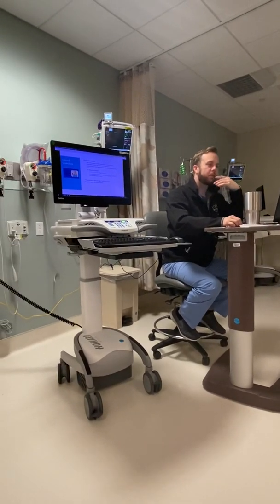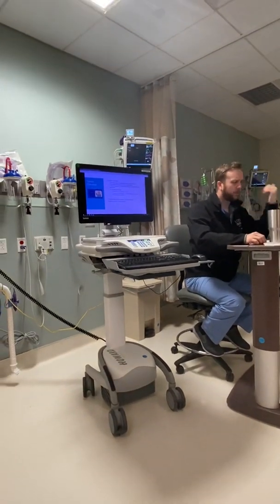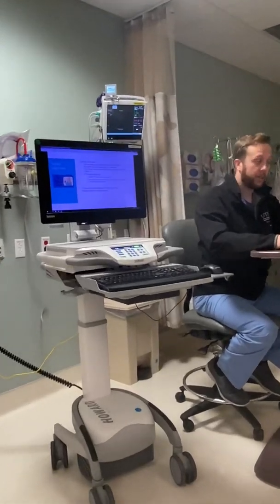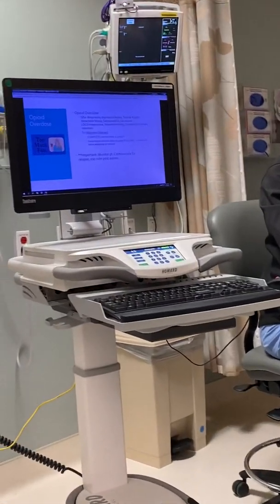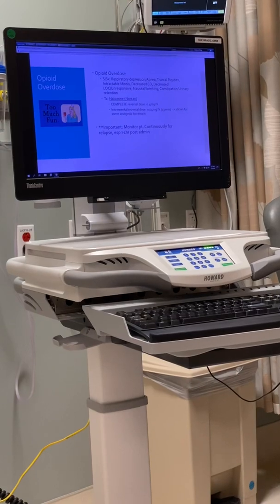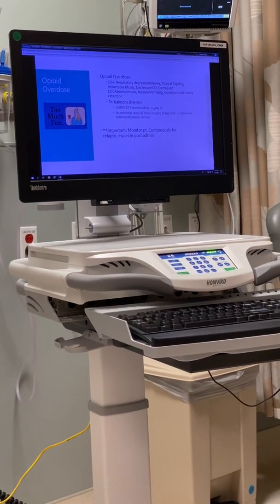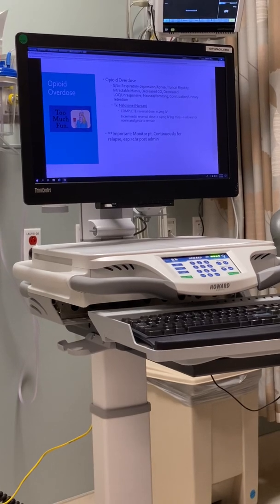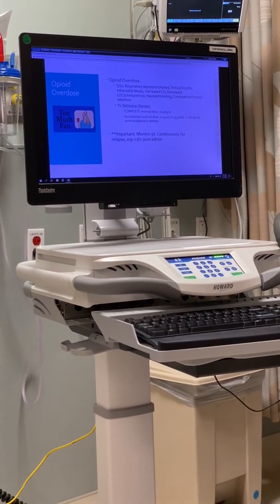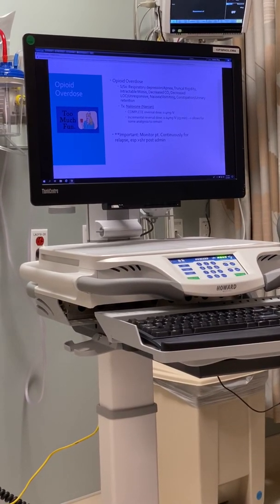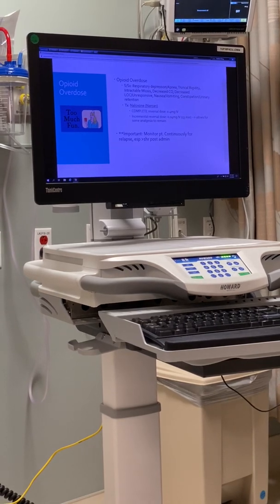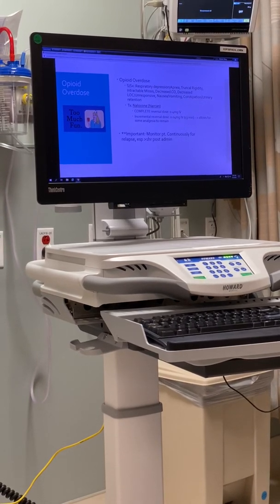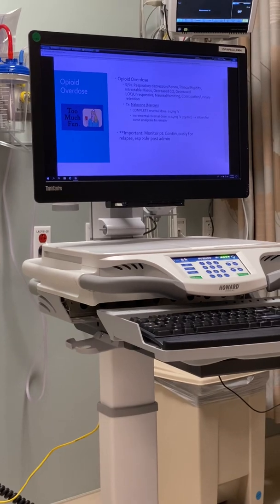Opioid overdose, kind of similar to benzo: respiratory depression, apnea, truncal rigidity, intractable miosis, you see those pinpoint eyes, decreased cardiac output, decreased level of consciousness, unresponsive, nausea, vomiting, constipation, urinary retention. What do you give? Narcan, okay? Now here's the problem with Narcan. The textbook dose is 0.4. What happens if you give 0.4 to a post-op patient?